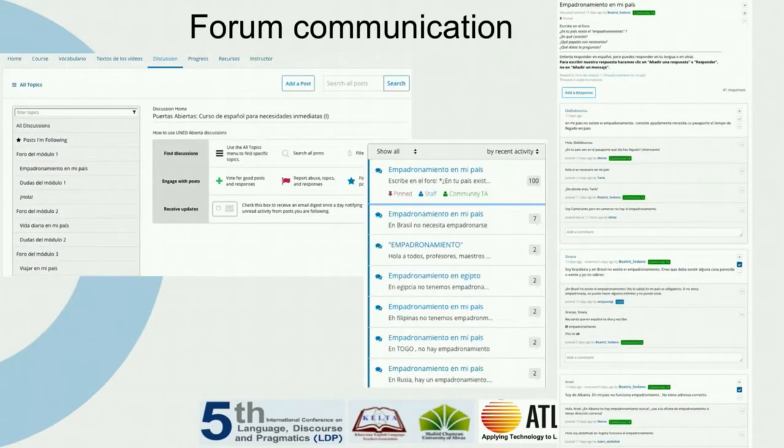And a key tool, of course, of all the MOOCs that are at UNED, and of course these ones, is the forums. The forums are not only a way that a participant may have to ask a query, but also to socialize, to meet other people that want to learn Spanish, because otherwise doing a MOOC can be a very isolated experience.